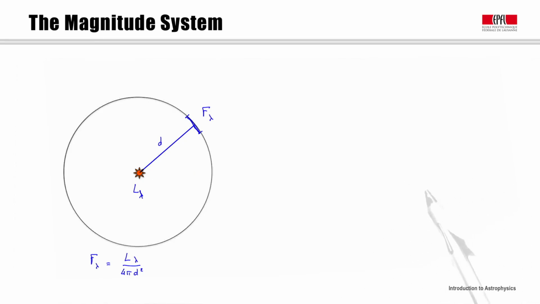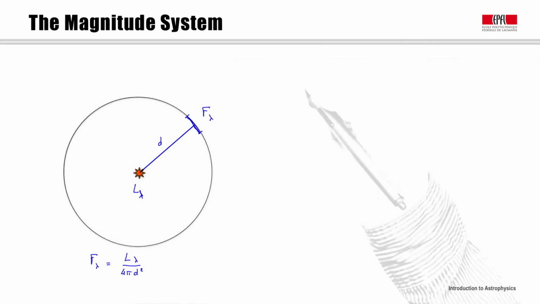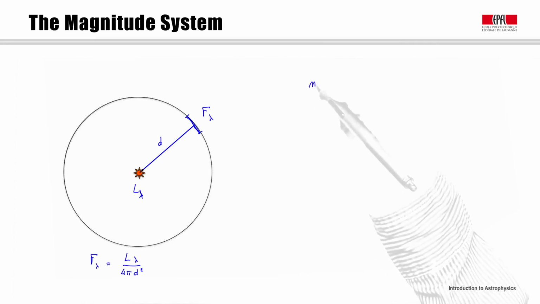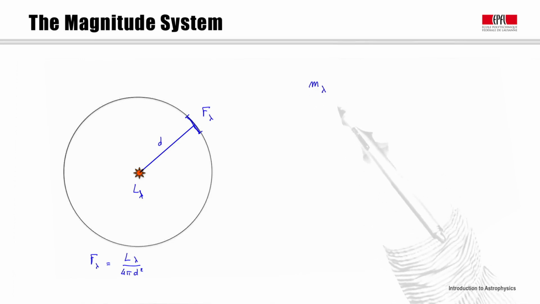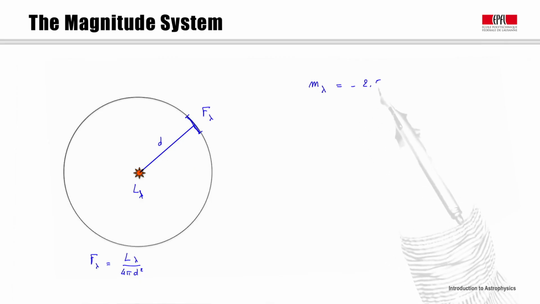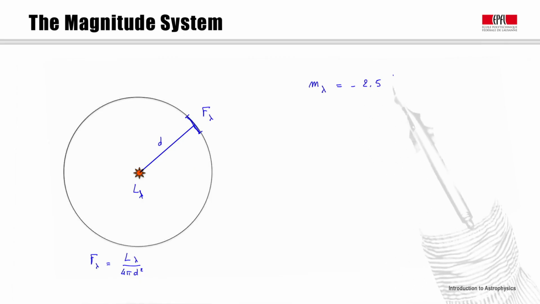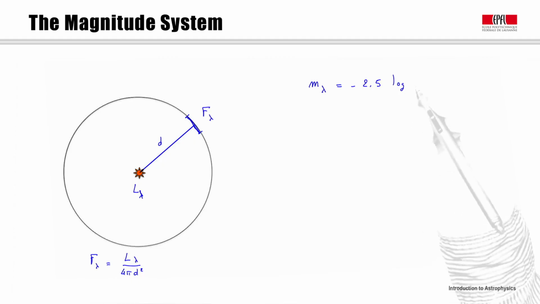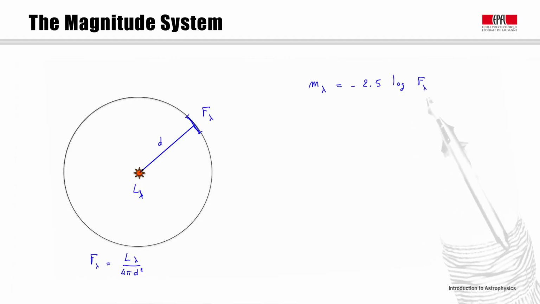Now, to take into account what the ancients saw, and with the logarithmic scale of the eye, the astronomers have decided to measure the luminous flux not in flux, but in magnitude over a logarithmic scale. This logarithmic scale is defined as minus 2.5 log flux at a certain wavelength, lambda in this case.